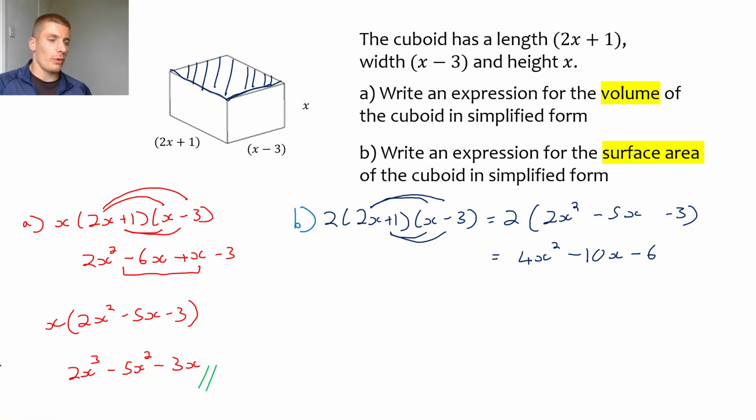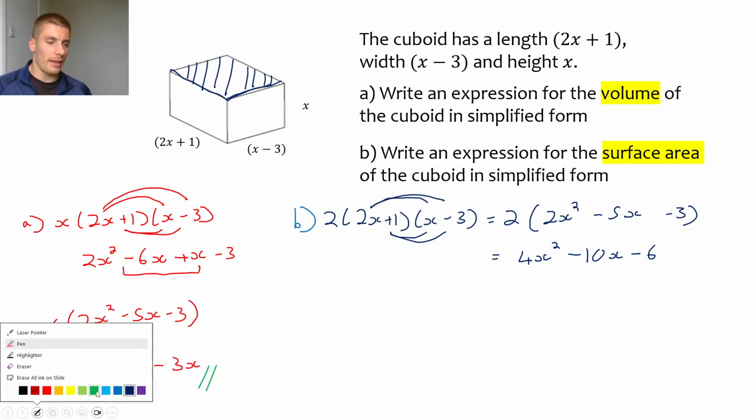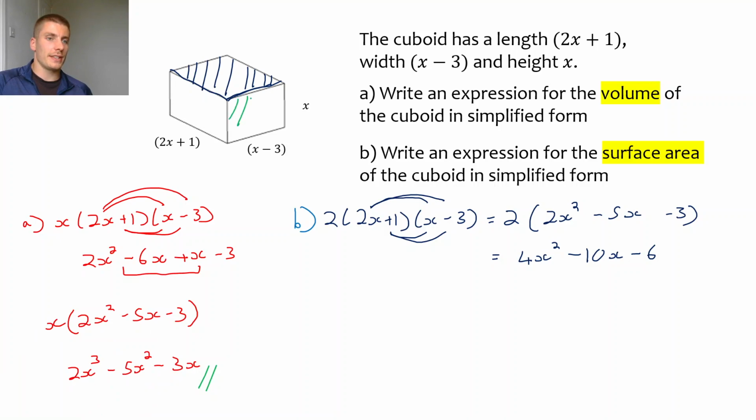We've now also got this front face, which is also at the back over here. But we'll just do one and times it by 2. So this one has a length of x minus 3 and a height of x. To get the area of it, we times them: x minus 3 times x.